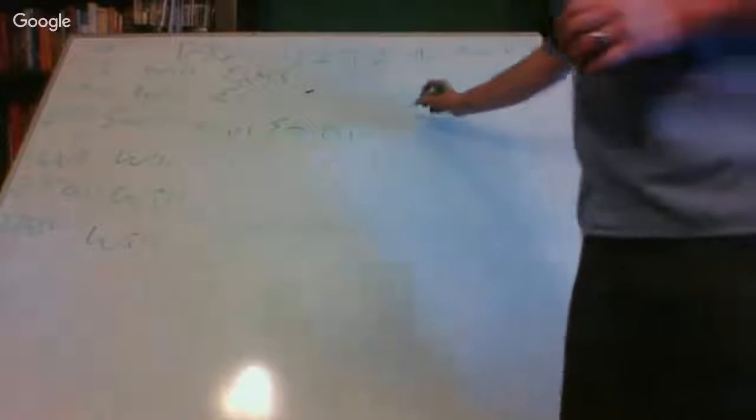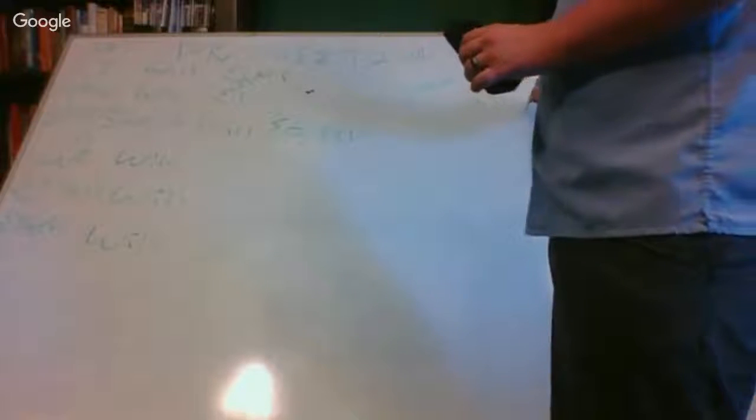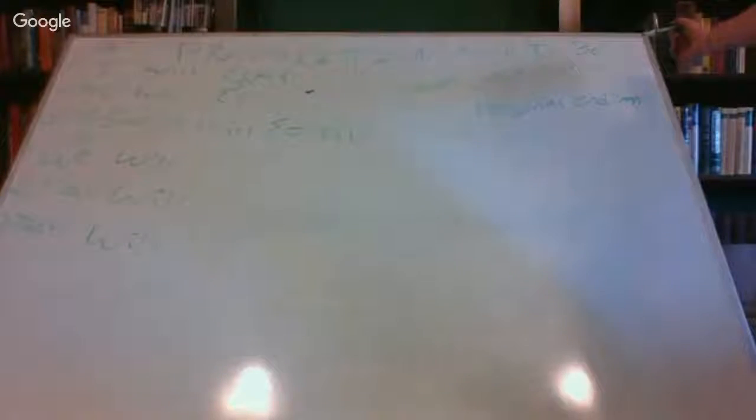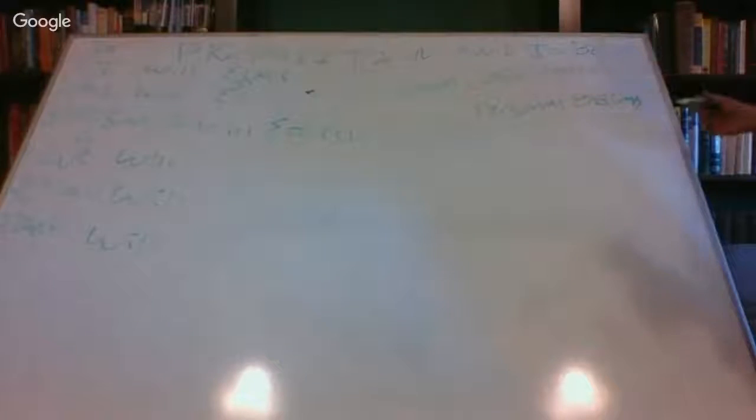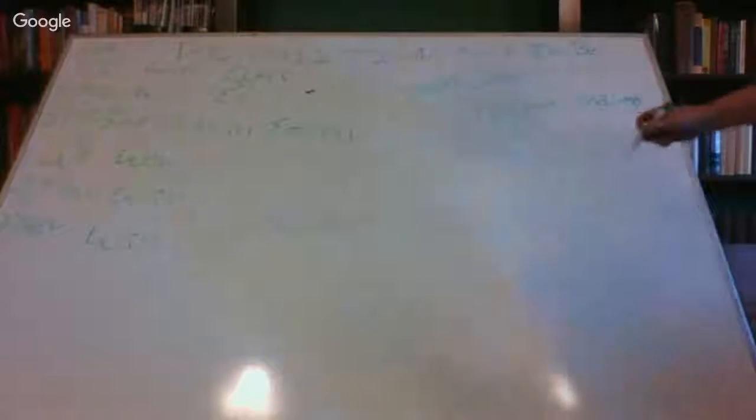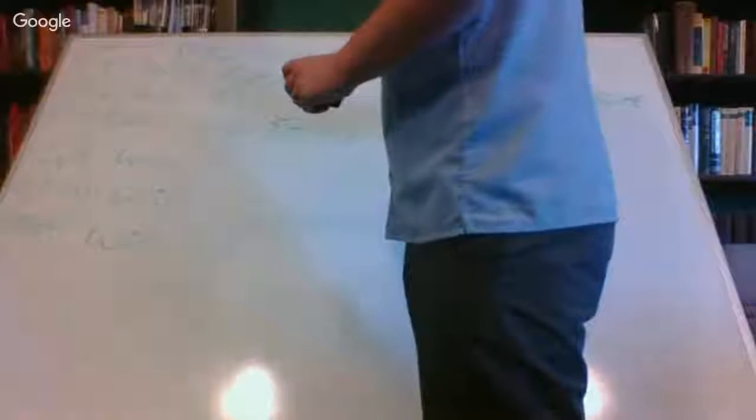Verbs use personal endings. And we'll talk more about this later. So verbs don't carry case, they carry person. So I'll just write verbs here. Nouns and verbs are different.